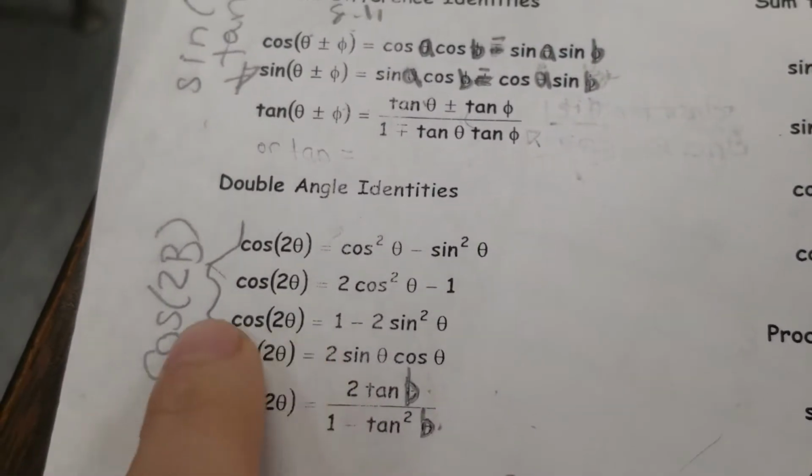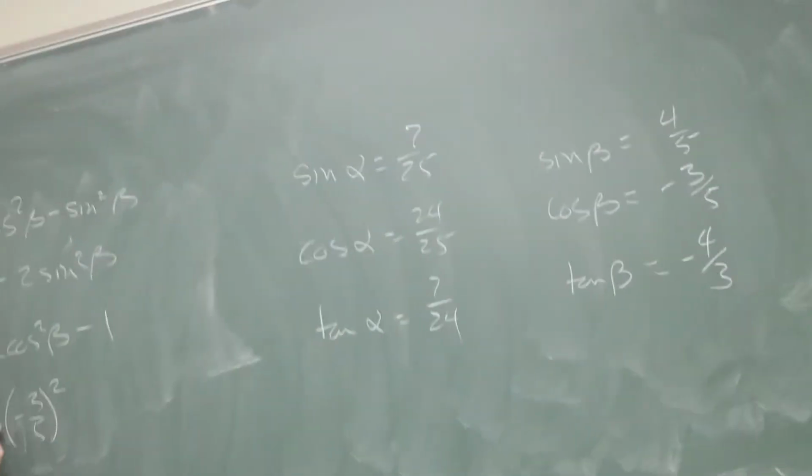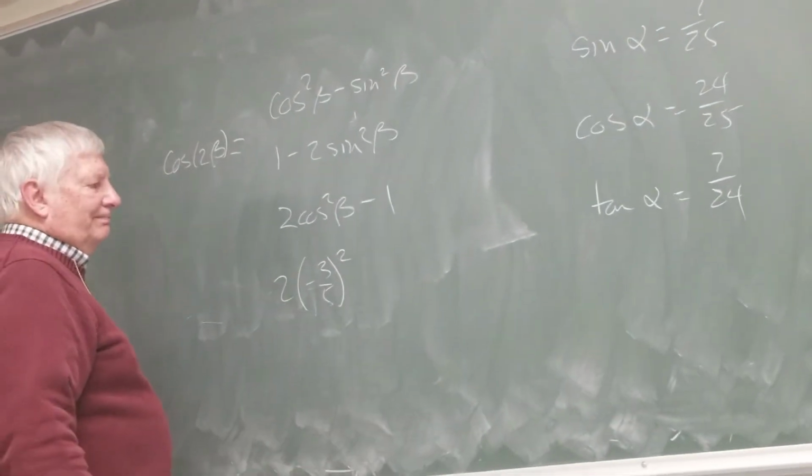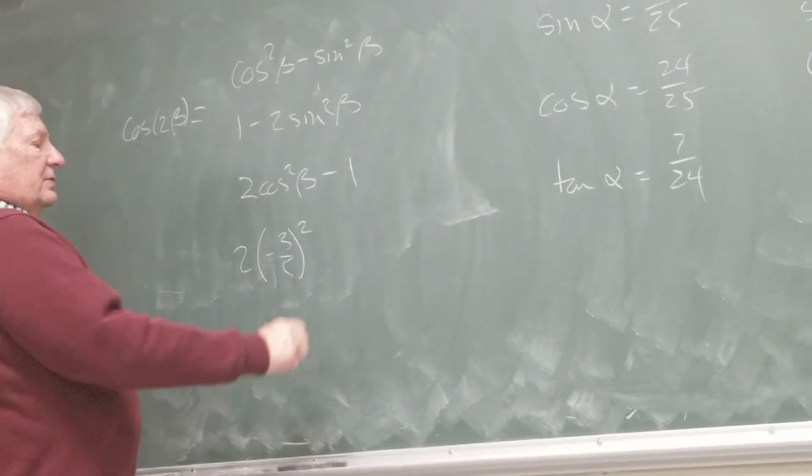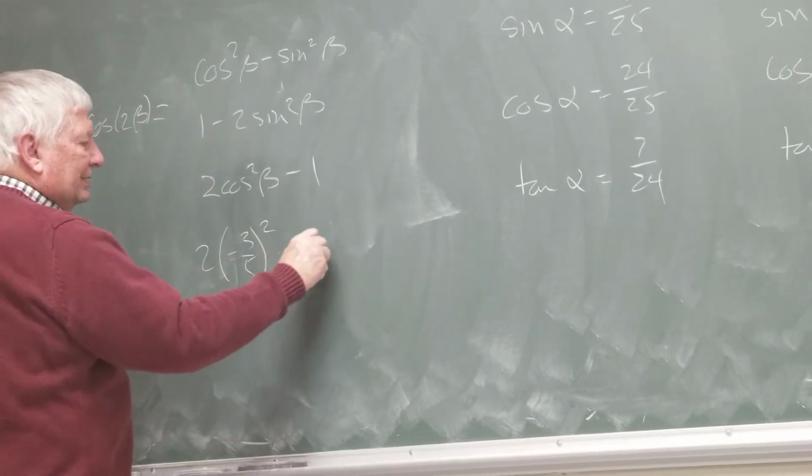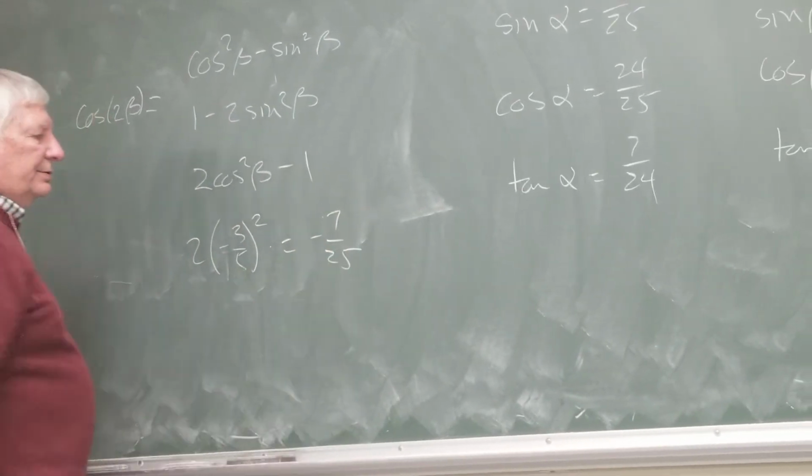Let's use the last one. Twice negative 3/5 squared, 9/25 times 2, 18/25. 18/25 subtract 25/25 is negative 7/25.